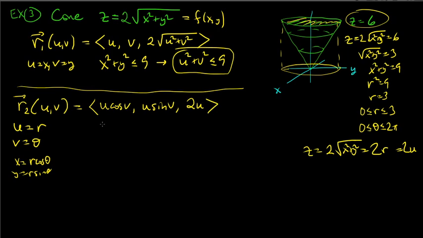So now r goes from 0 to 3, or you can just say r is less than or equal to 3 because we know it's bigger than 0. But I'll make that explicit here. And then theta goes from 0 to 2 pi. You don't have to include the 2 pi because that's the same as 0, but it's fine if you want to include both.